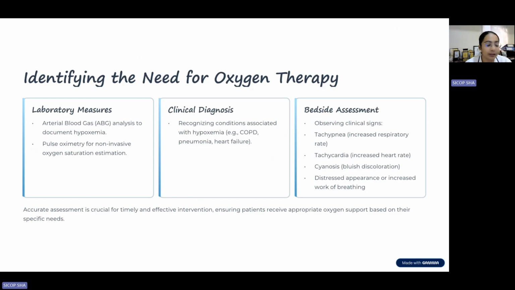There is increased work of breathing and recruitment of accessory muscles of respiration. All these things indicate that there is hypoxia and a need of oxygen therapy. Accurate assessment is crucial for timely and effective intervention, ensuring the patient receives appropriate oxygen support to meet their specific needs.